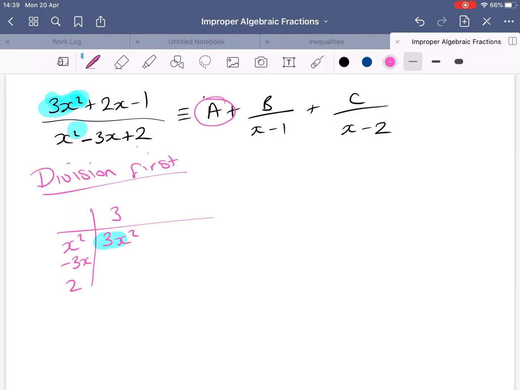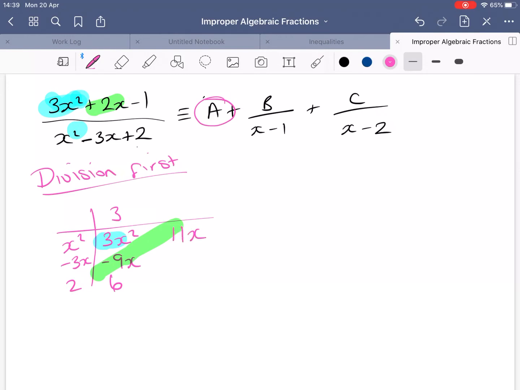Fill in the column. 3 times minus 3x is minus 9x. And we've got 6. Now, in a different colour, my 2x comes from these two lines here. So I fill it in. Minus 9x and what makes 2 must be 11x.